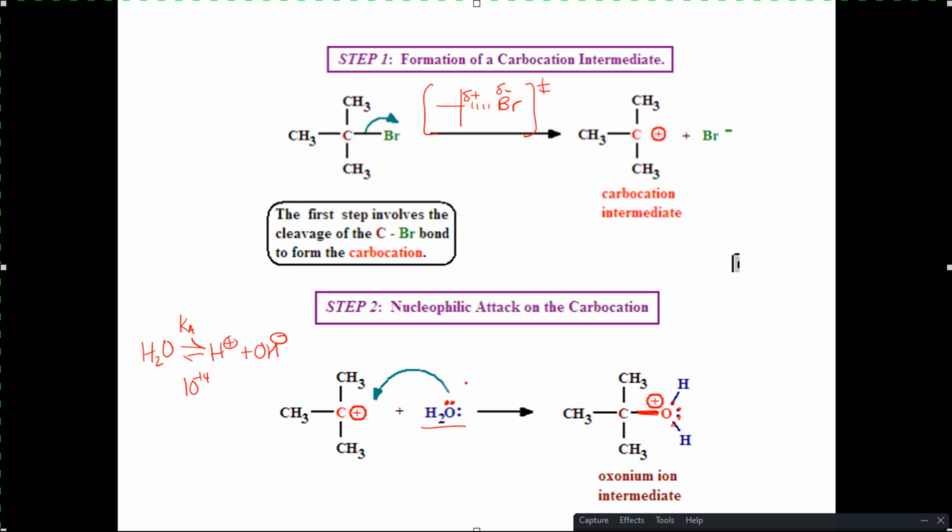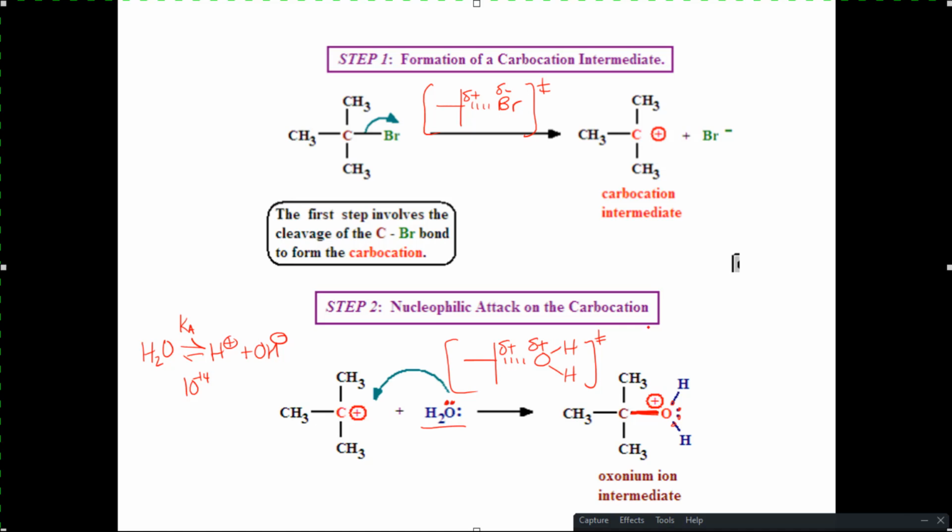So that would be step 2. What would the transition state for this look like? The transition state would have a partial bond between the carbon and the water. That's the bond that's forming over here. And the charges would be: carbon was plus, now carbon gets a delta plus; oxygen was 0, now the oxygen gets a delta plus charge.